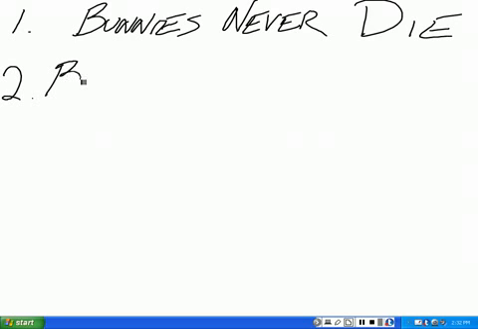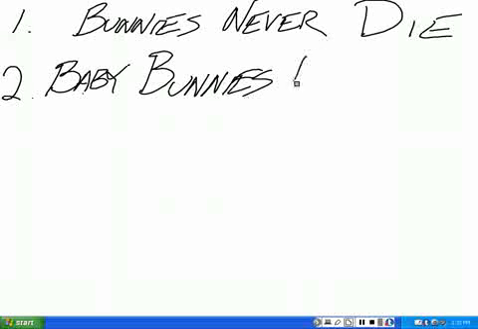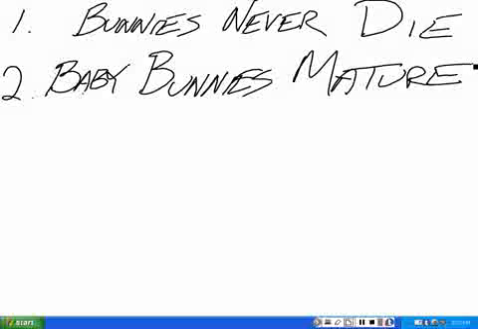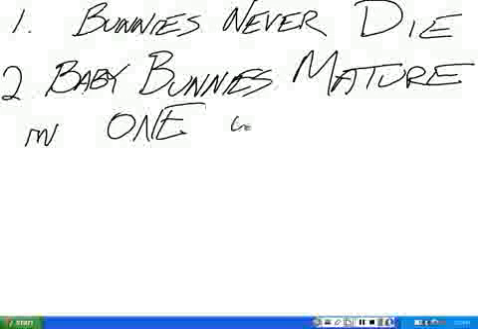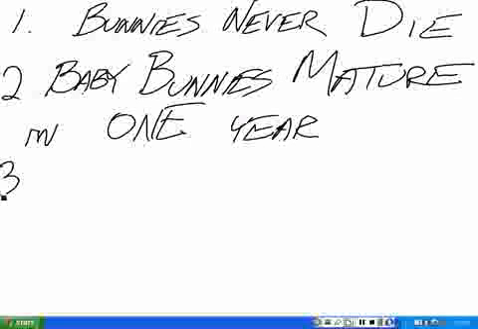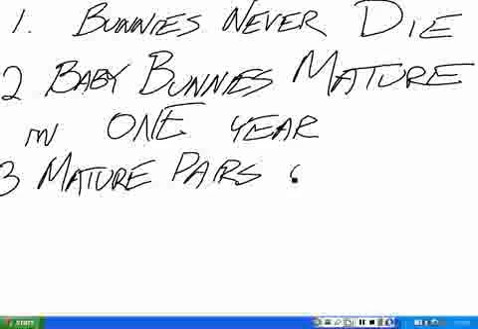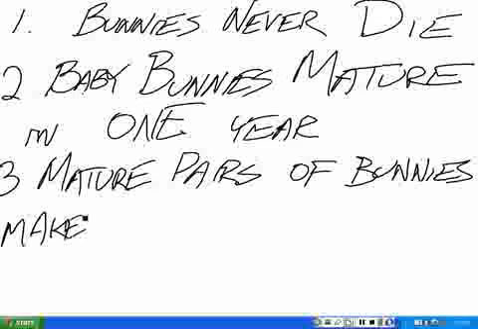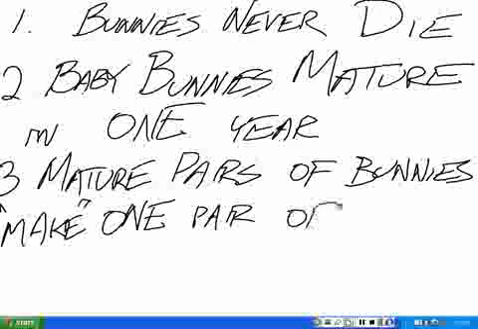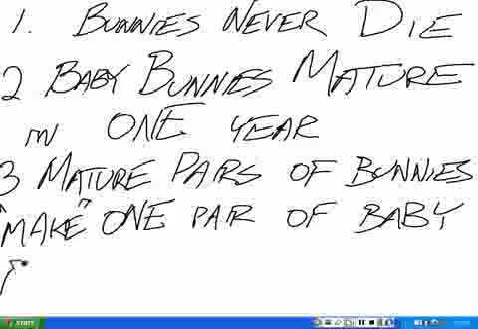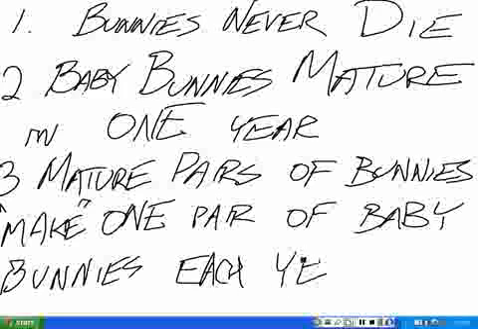And 2 is baby bunnies mature in 1 year, and mature bunnies, or mature pairs of bunnies, make one pair of baby bunnies each year. So those are 3 rules.